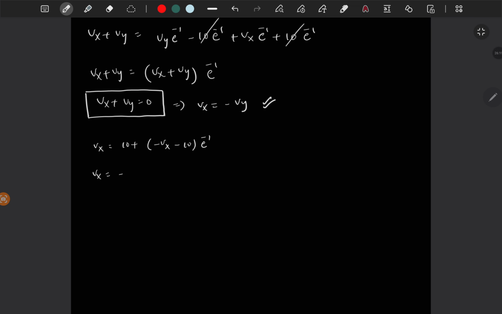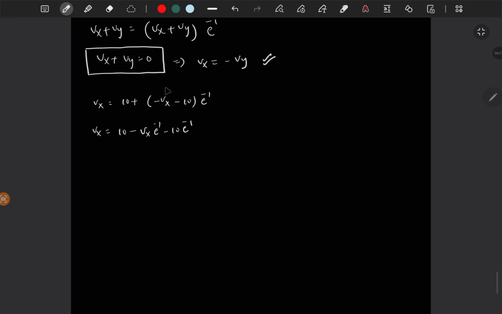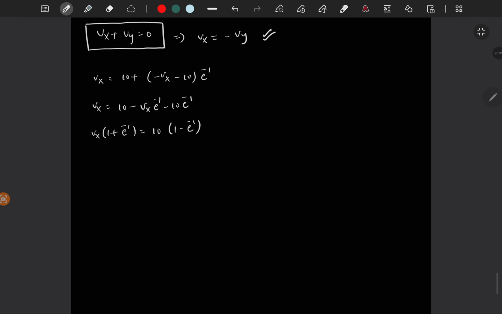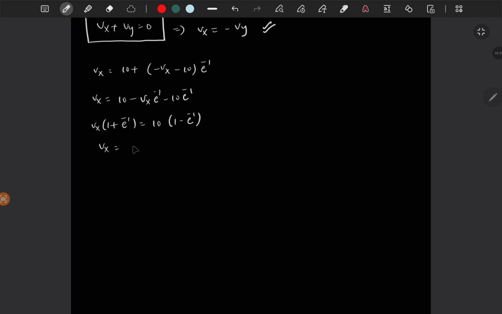If you calculate this, I'm getting 4.62 volt.